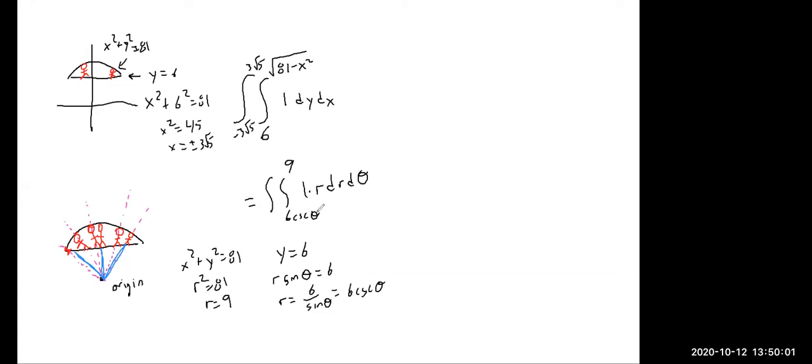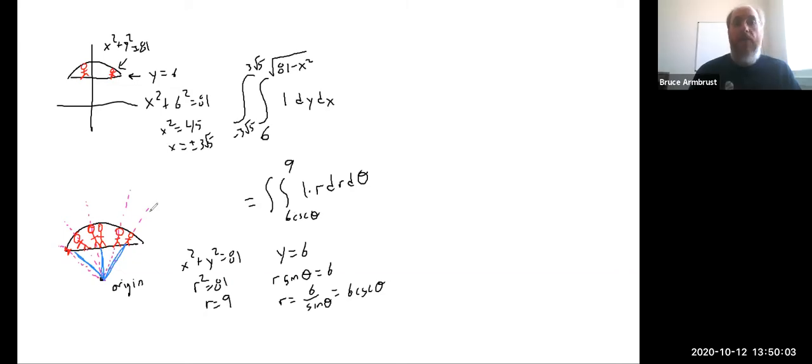All right. So there are those. So now what we have to do is figure out our thetas. So we basically need to think about what thetas sweep us through this region that we're looking at. So if we were going to talk about lower bound and upper bound, there's going to be some angle here.